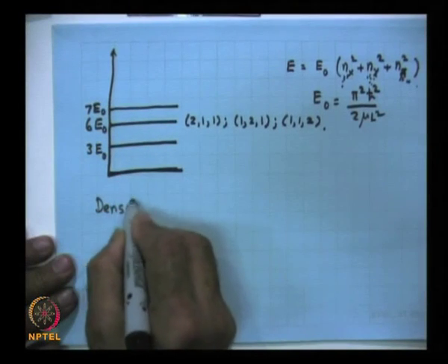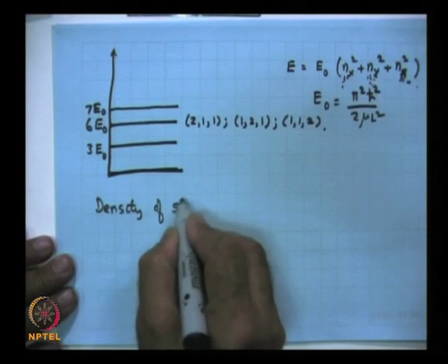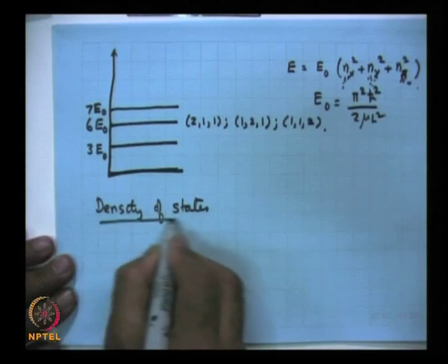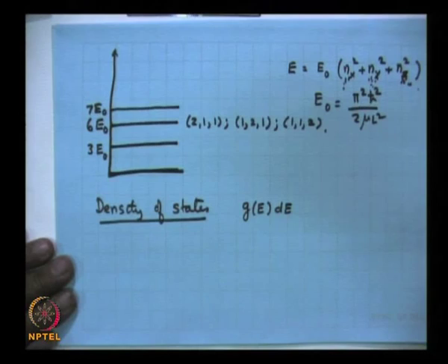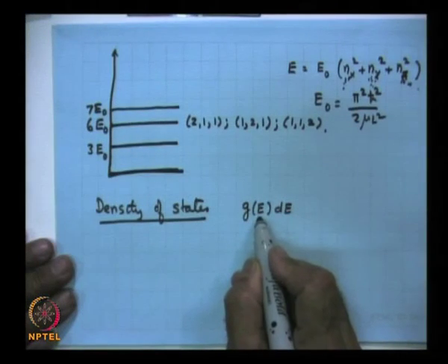That is, density of states meaning that when the energy levels become very large, the states are very closely spaced and there are very large number of states, and G of E d E represents the number of states whose energy lies between E and E plus d E. Once again, G of E d E represents the number of states whose energy lies between E and E plus d E.